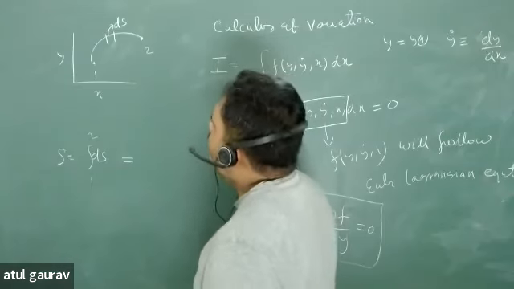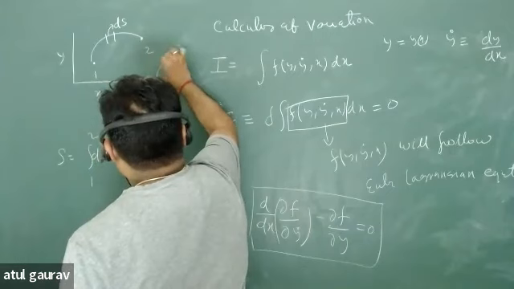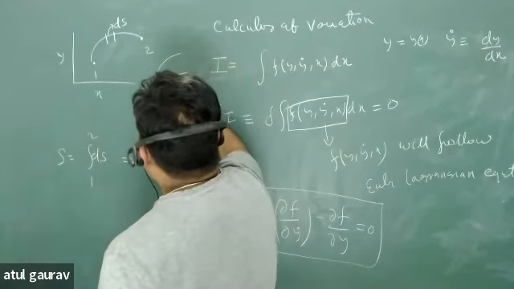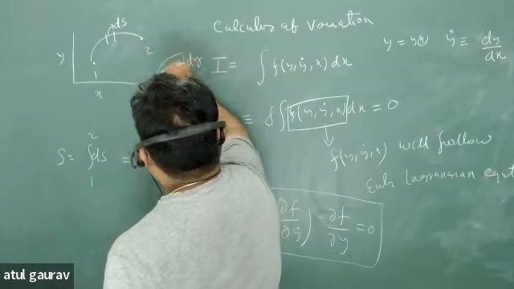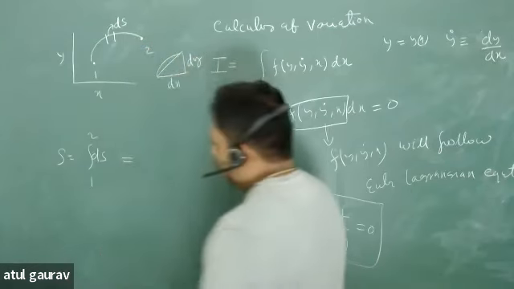Now, how can I write this particular ds? Suppose I make a slightly zoomed diagram for you, where this value is dx and this value is dy. For ds tending to 0, or dx and dy tending to 0, this will be almost a straight line.